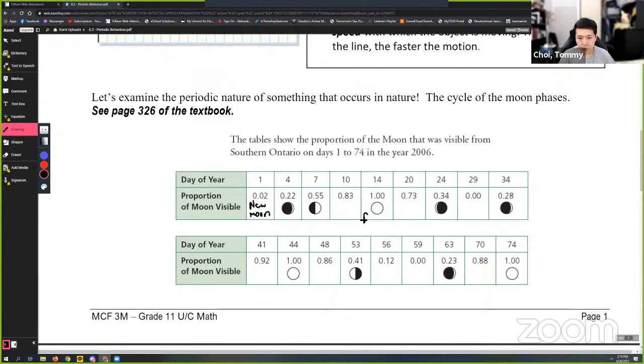And then the full moon here, when you see the moon completely, is halfway through the cycle. And once you get to here, this is back to the new moon phase. So obviously it's not exactly 0.00 here, but from day 1 to 29 would be approximately one cycle that repeats.